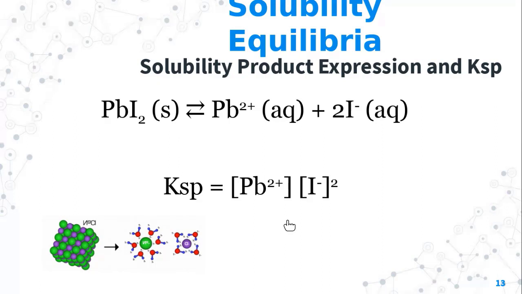Remember, for K expressions, we do not include pure solids or pure liquids in our expression. Anything that's aqueous or a gas we can include. So these guys are aqueous. Here's a little diagram of something breaking apart and getting stuck in water. Water surrounds it. It's dissolved.